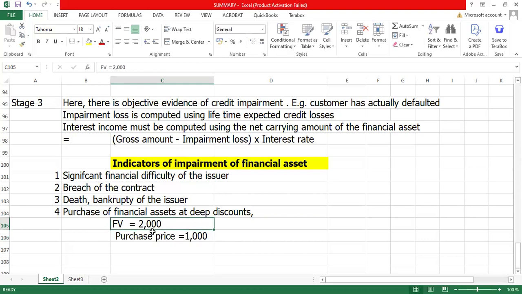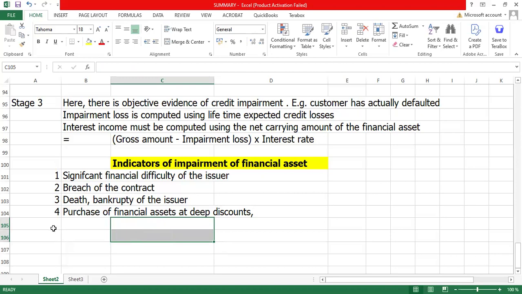The discount from 2,000 to 1,000 is too much, and in this kind of situation it can be an indicator. So in case you find that the purchase of the financial assets is at a deep discount, then also it can be an indicator of impairment.